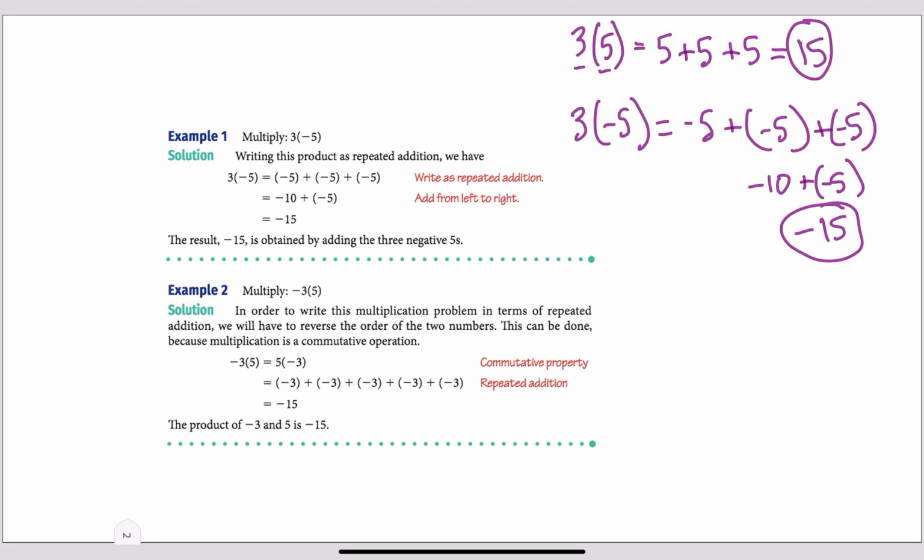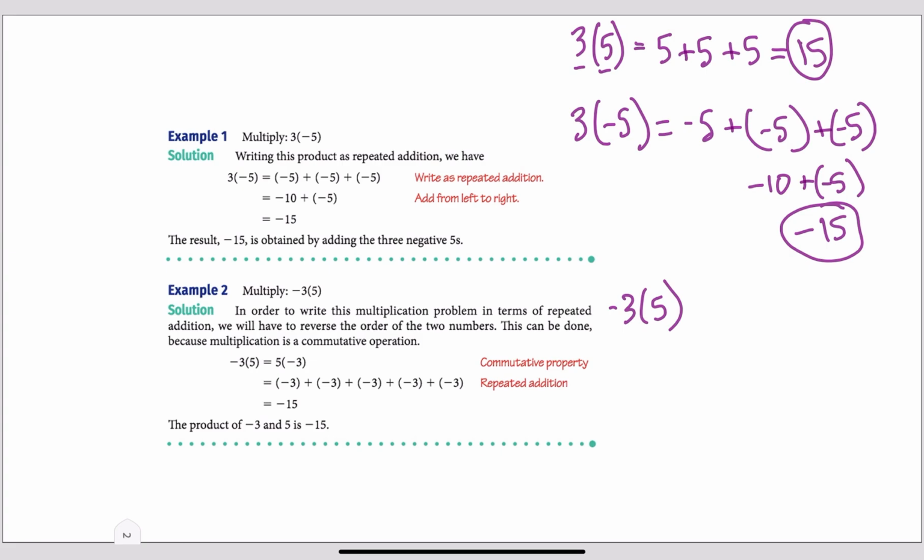Now, we can also do this if the negative is attached to the first number, the first factor. The best way to think about this probably is to think about 5 negative 3's added together. So rather than think of negative 3 5's added together, that's a little bit harder to get our brains around.